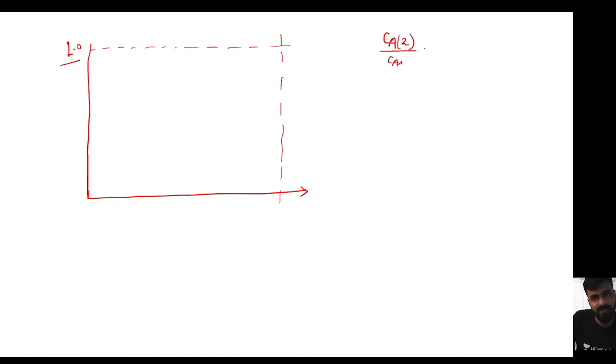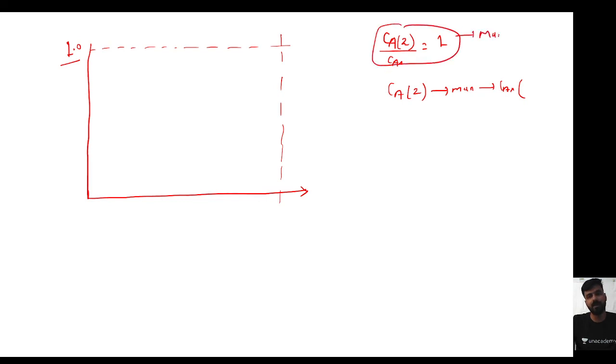CA is a function of Z. So the maximum concentration will be what? CA maximum tends to CAS, so the ratio will become 1. It will be the maximum ratio. That's why I am writing over here CA as a function of Z upon CAS, and here it will be Z upon L, and it will also equal 1.